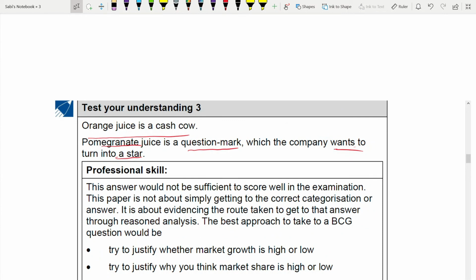Correct? But if you write this in the exam, do you think you will get marks? Let's say this question is for 6, 7 marks or 5 marks. Do you think for 5, 6 marks this much answer is justified? Think. No, it's not.